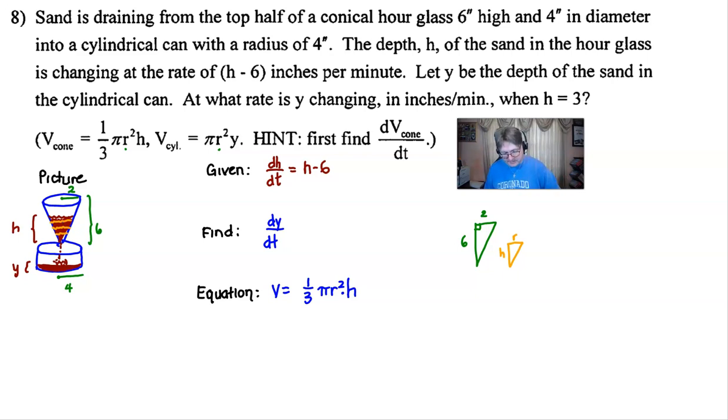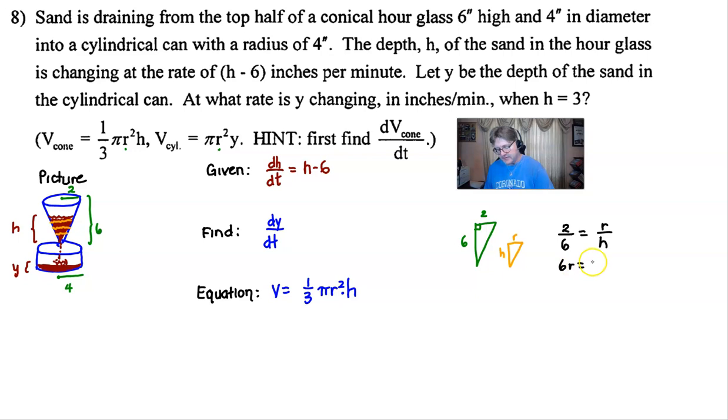And so from this point here, you can set up a variety of proportions. I'm going to start with 2/6. Now you're locked in. That would be equivalent to r/h. And now we want to cross multiply.